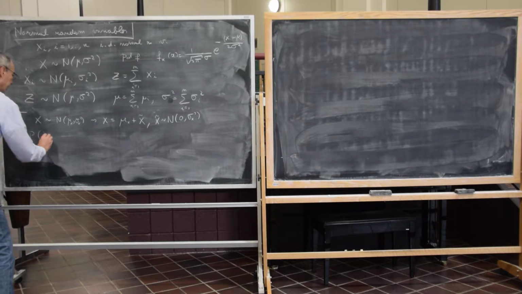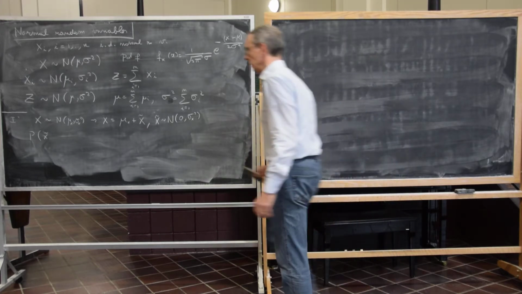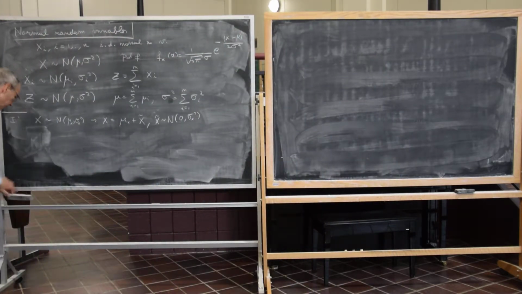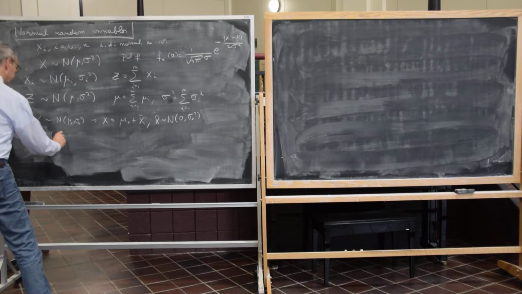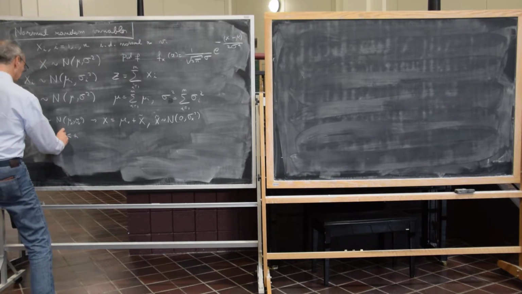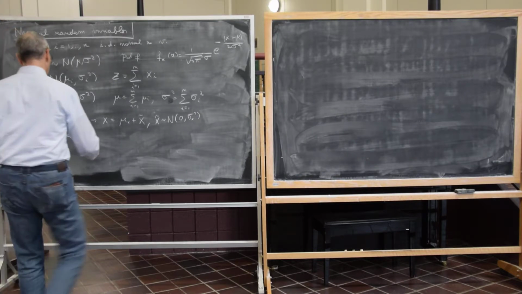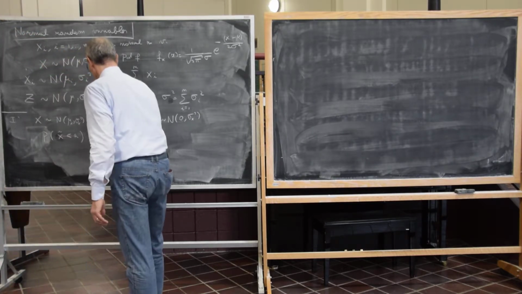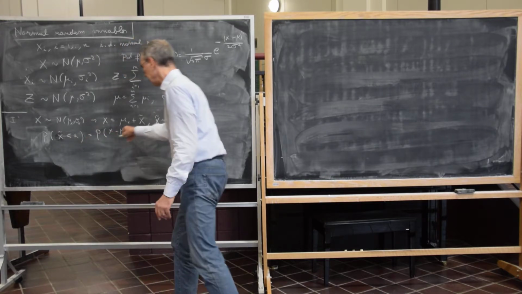The probability that x tilde is less than a is equal to the probability that x minus mu is less than a, because x tilde is x minus mu.